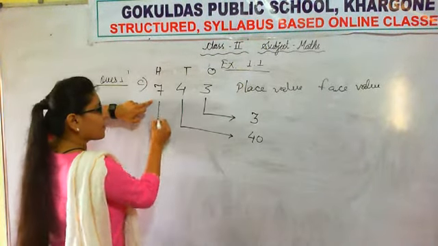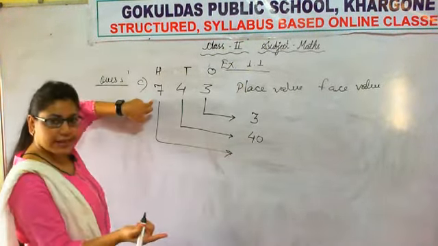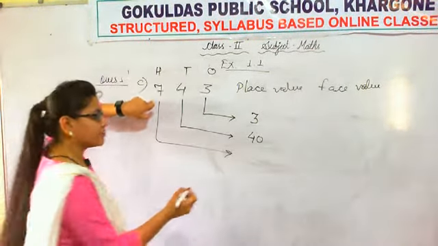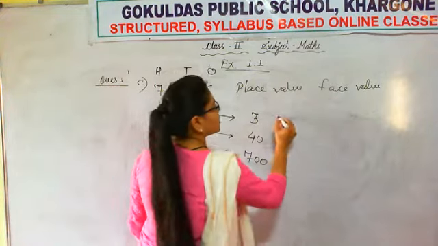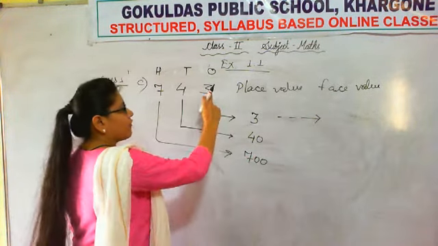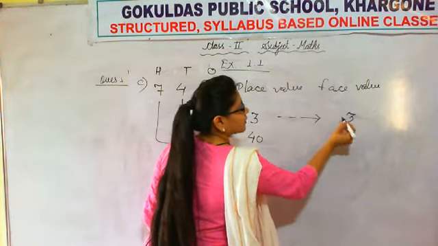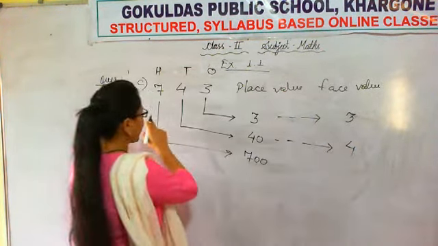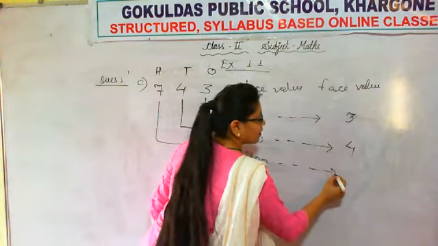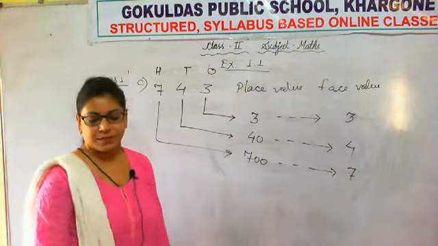7 hundreds means 700. Now face value is very simple. The digit itself. Face value of 3 is 3. Face value of 4 is 4. And face value of 7 is 7.